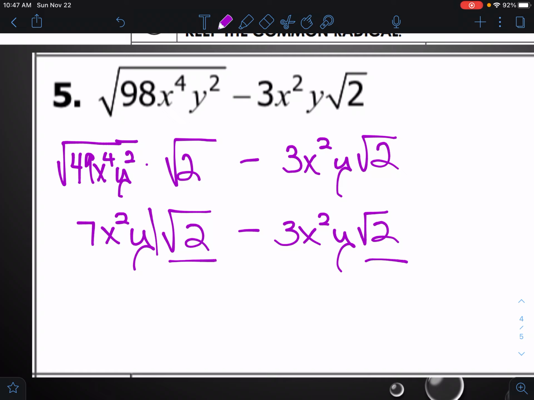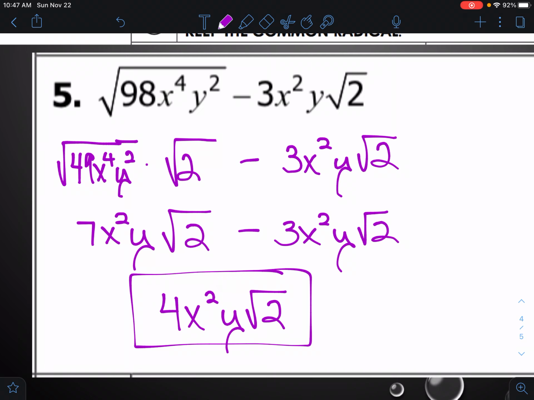But also, the coefficients, because they have variables, have to be the same as well. They are, so that means I can put together the coefficients. If they weren't, we would not be able to add or subtract these. So this would be 4x squared y times the square root of 2. And that's how you deal with variables.